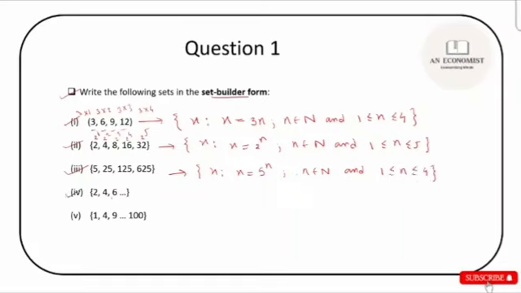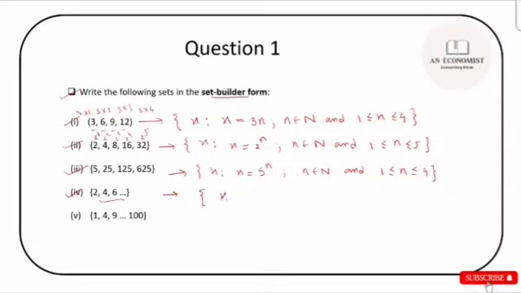This set is a little different because it has an infinite number of elements, and if you see the elements you will notice that it is the set of even numbers, right? It is the set of even numbers.